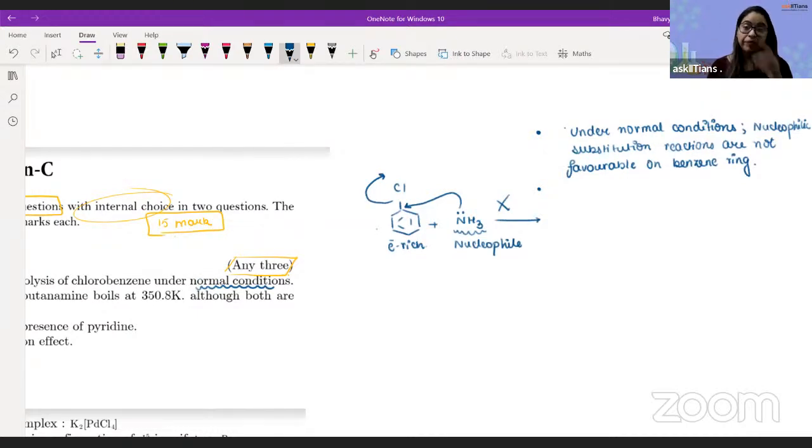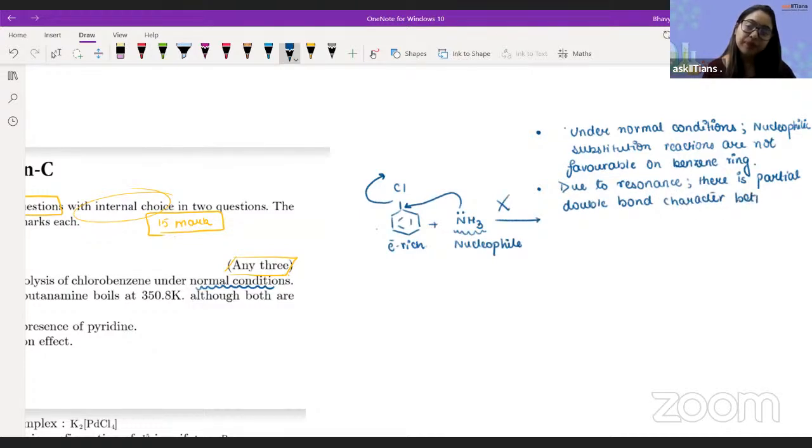The second reason is due to resonance, there is partial double bond character between the C-Cl bond, which makes it difficult to break.